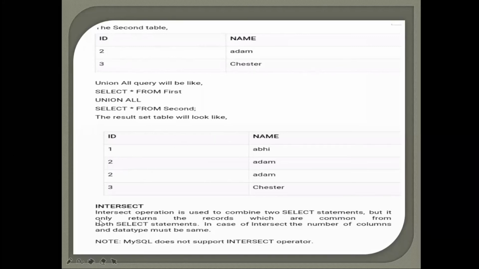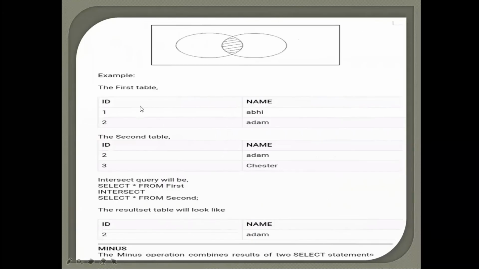Moving on to the next set operator, that's intersect. Intersect basically combines two select statements, but it returns only the common values between the two tables. We'll be using intersect on the same tables. We have a first table with ID 1 and 2, and a second table with ID 2 and 3.